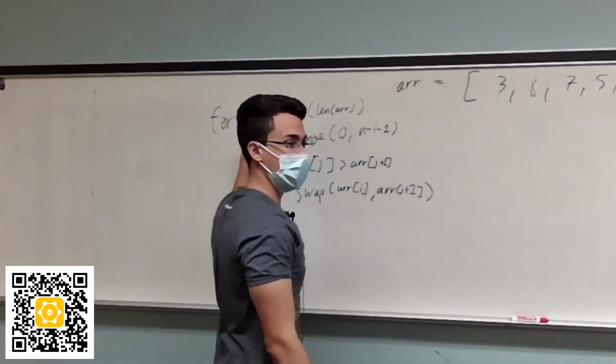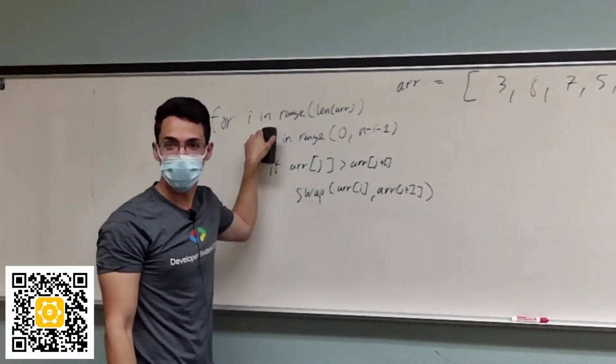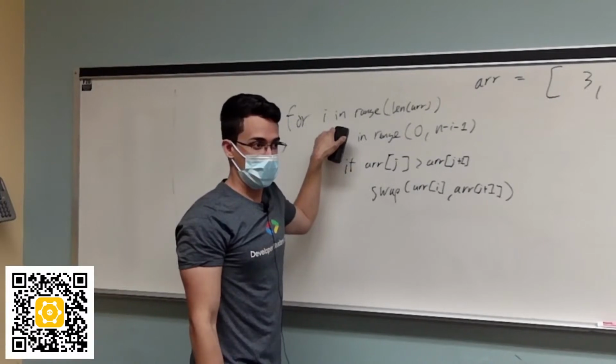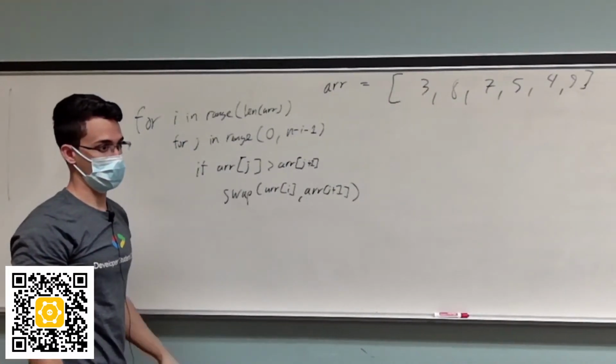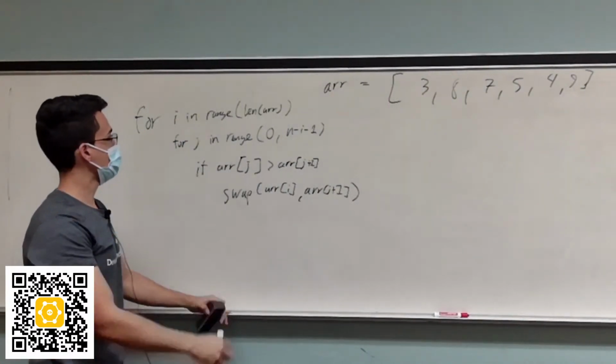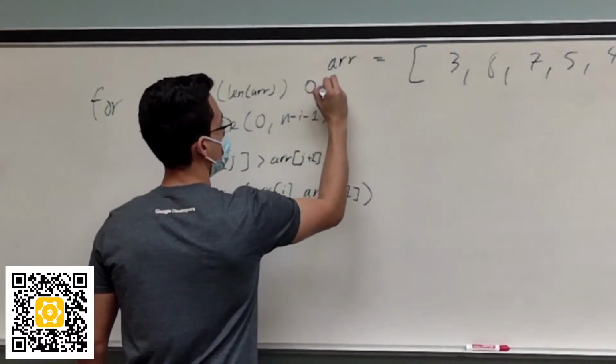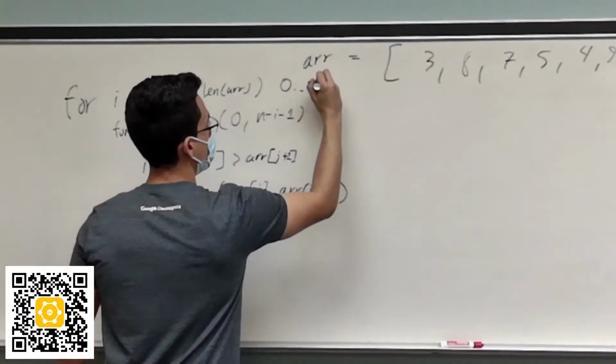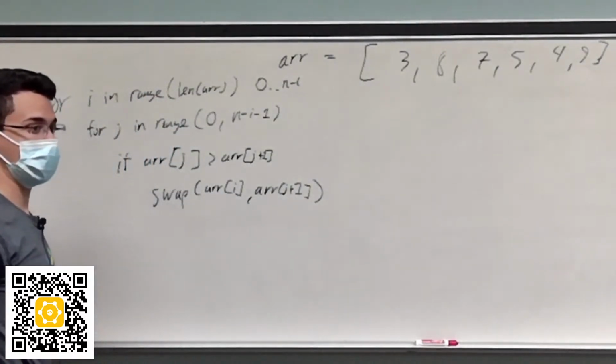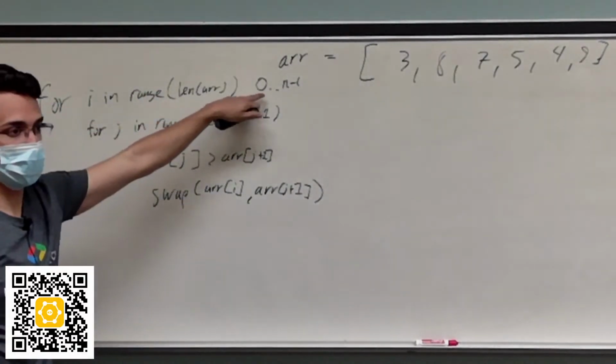Does that make sense? Is that confusing? A little. Well, maybe just to make sure, let's go over it again. So i goes from 0 to n minus 1.